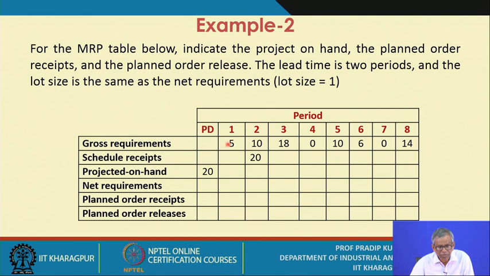So against each period you have the gross requirements 5, 10, 18, 0, 10, 6, 0, 14. Now just make a note of one point: for many such products these days, on the end items, you will find that the demand is highly erratic.